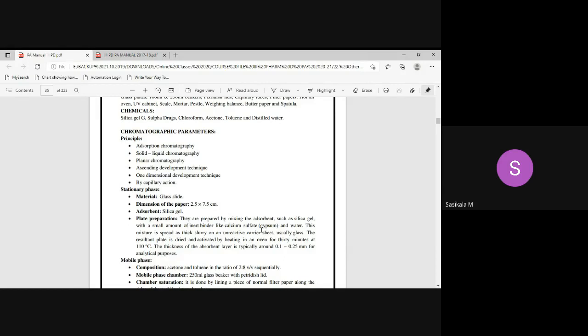To add the prepared slurry, take the glass slide and keep it horizontally in your palm. Then pour the pourable slurry from the mortar onto the center of the slide.